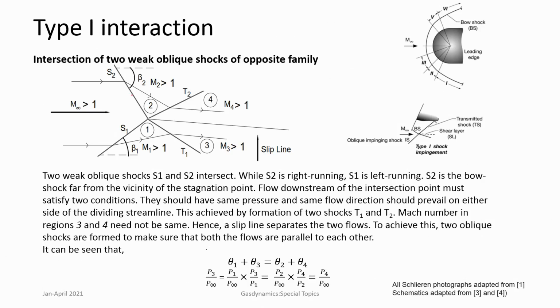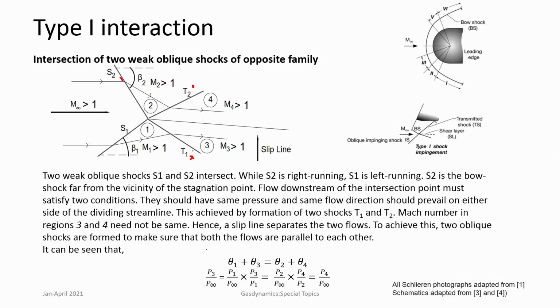Here two shocks interact of opposite kind. So, this is a left running shock S1, while S2 is a right running shock. Okay, they interact. Both of the shocks are relatively weak. So, as a consequence, there are two other shocks that are formed, T1 and T2 over here.